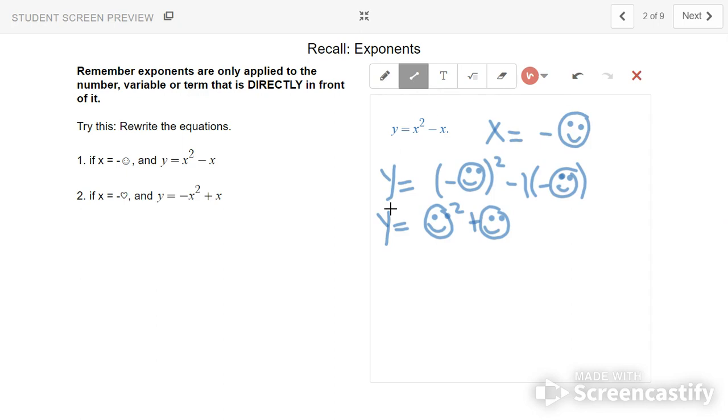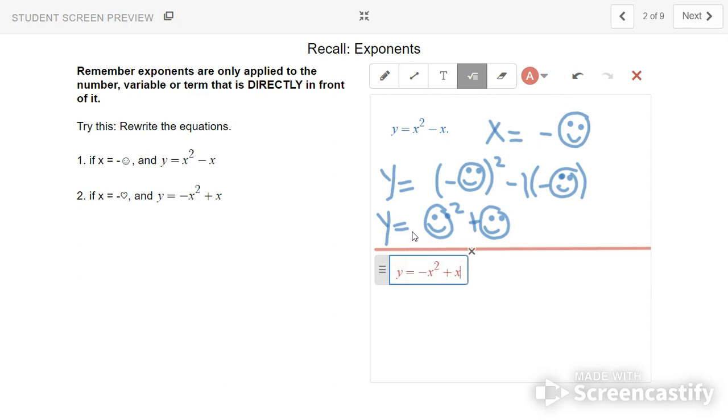Let's look at our second example here. Second example, we have y is equal to negative x squared plus x. And we were told that x is equal to a negative heart.